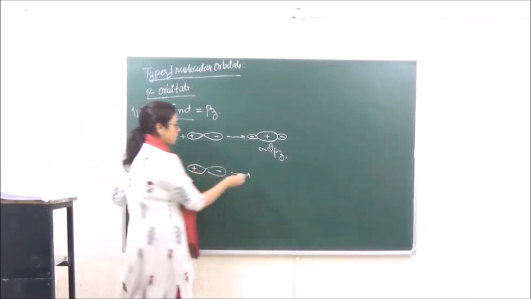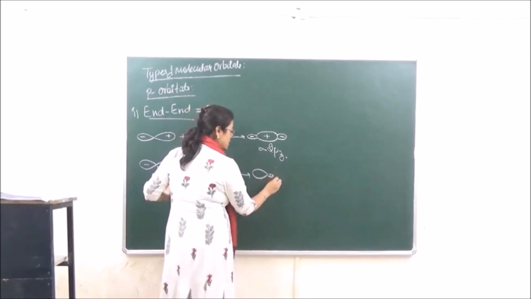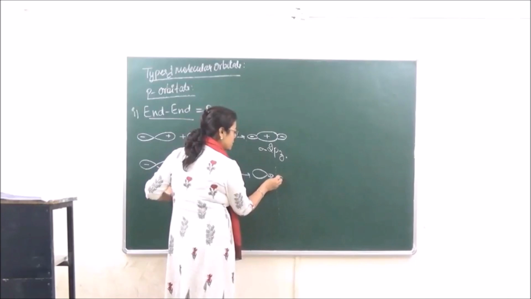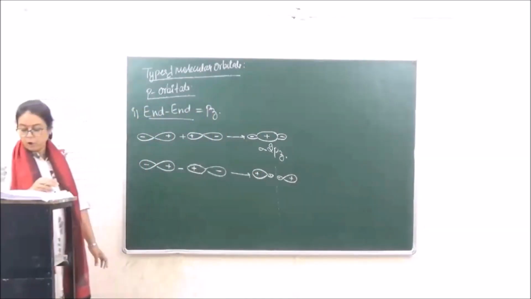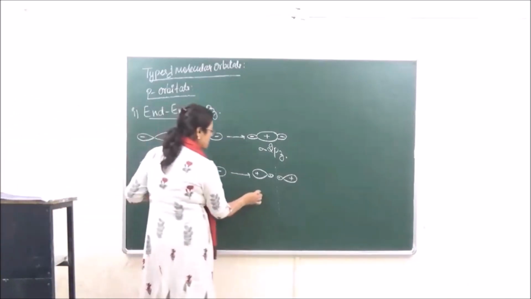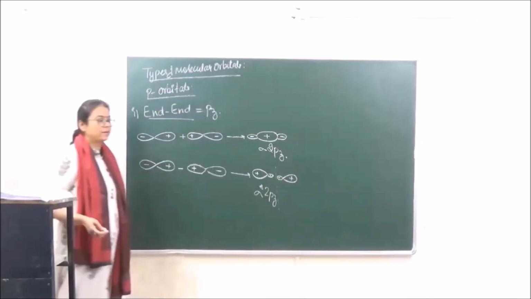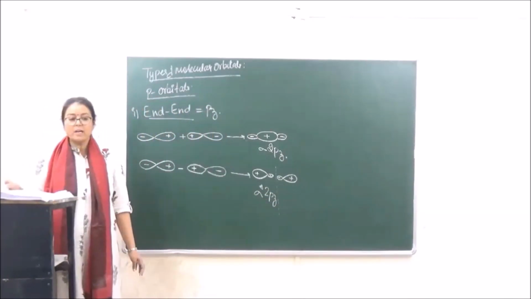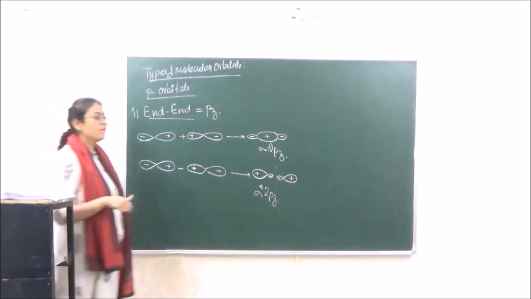So we have the molecular orbital with a negative charge here, then a nodal plane, negative charge here, and both the positive charges concentrated in the bigger lobe. So this is anti-bonding. So this is going to be sigma anti-bonding 2pz. In case of sidewise overlap, px and py both undergo sidewise overlap.